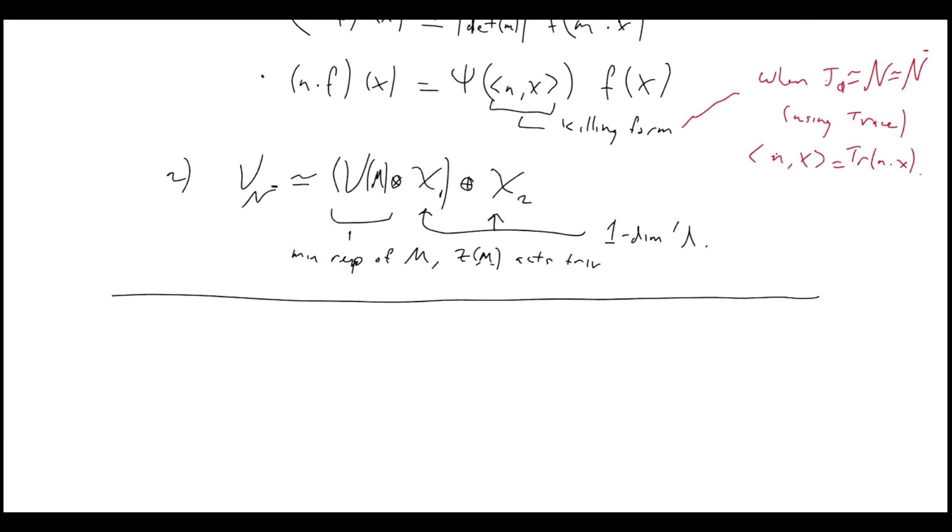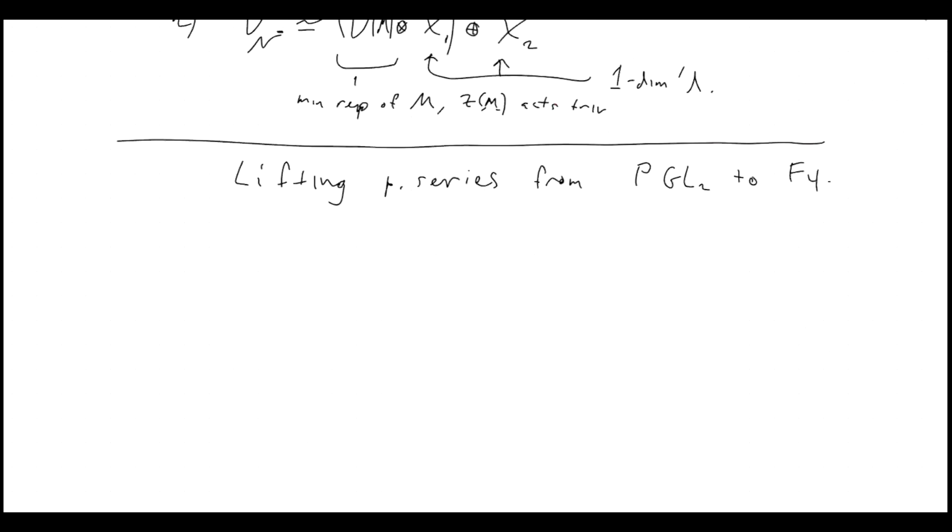So now let's discuss how to lift principal series from PGL2 to F4. Okay, so we have our group G. This is E7. And let's fix some Borel.